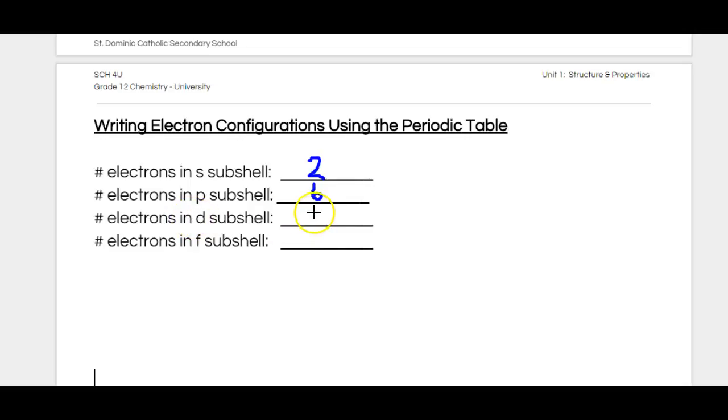And in the D subshell, we have 5 orientations and 2 electrons each, so that gives us 10 electrons. And in the F subshell, 7 orientations at 2 electrons each gives us a total of 14. Let me try to draw this, 14 electrons total. So now let's keep that in mind when we look at the periodic table next.